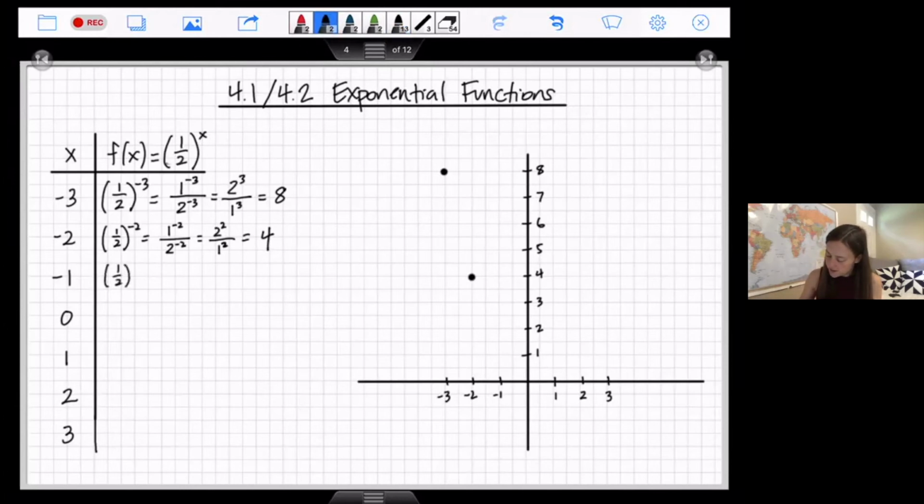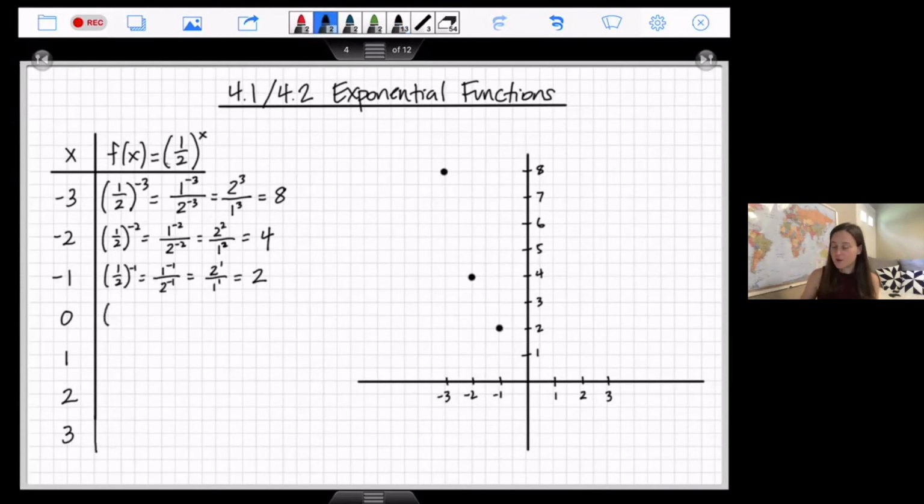Then 1/2 to the negative 1. Distribute the negative 1. Swap sides of the fraction. 2 to the 1, 1 to the 1. 2 divided by 1 is 2. So I've got the point negative 1, comma 2.